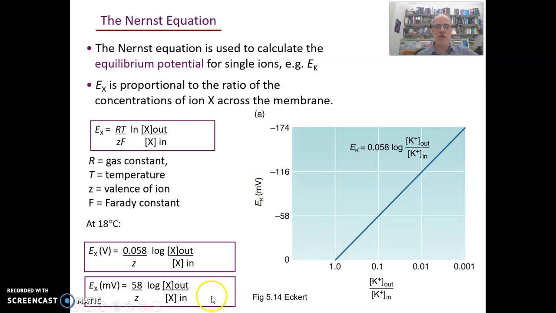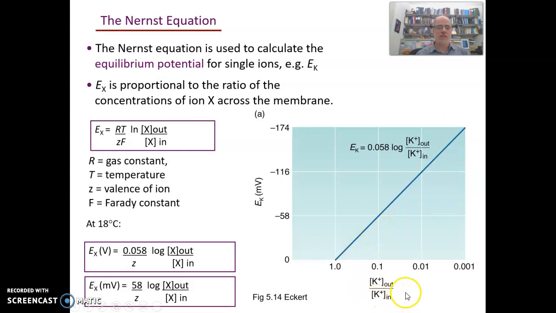So using this equation right here. So as the difference in potassium across the membrane increases, you see that the equilibrium potential for potassium also increases.